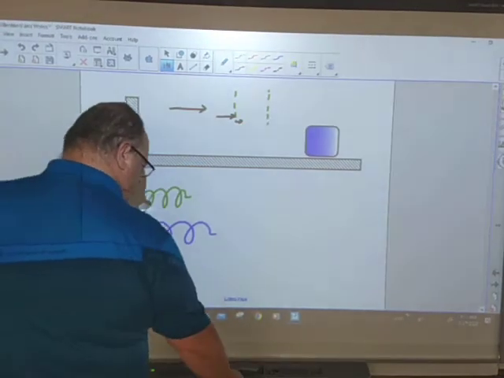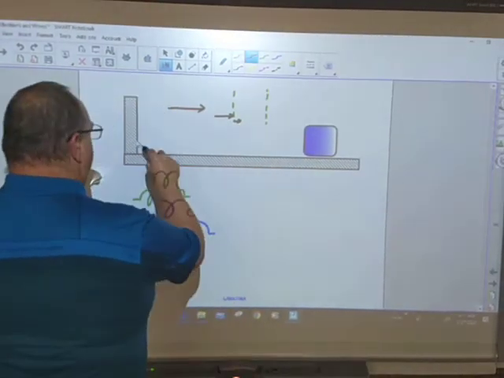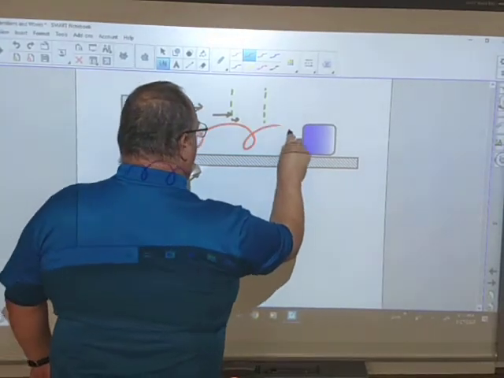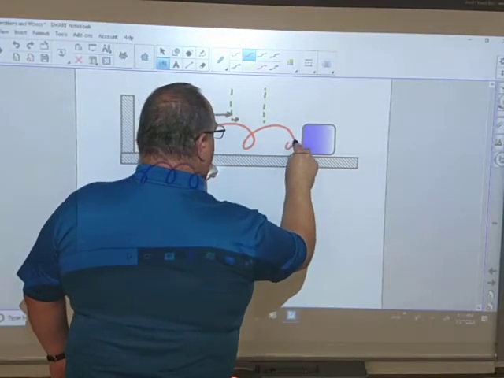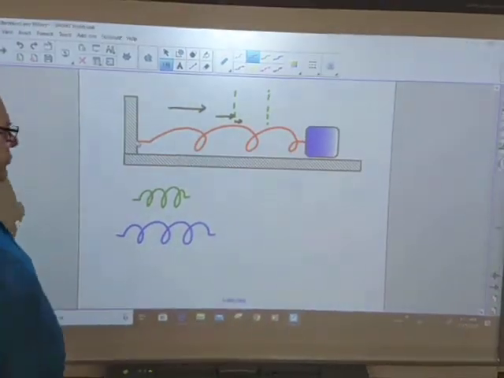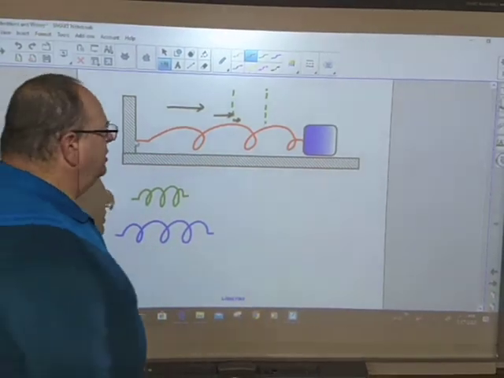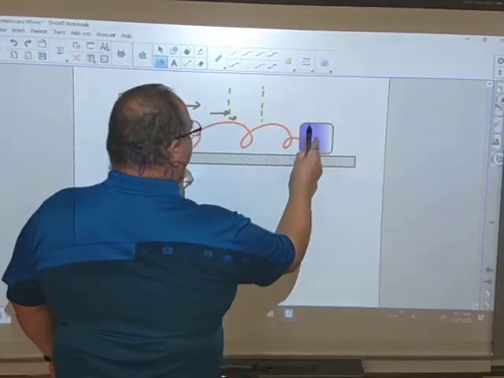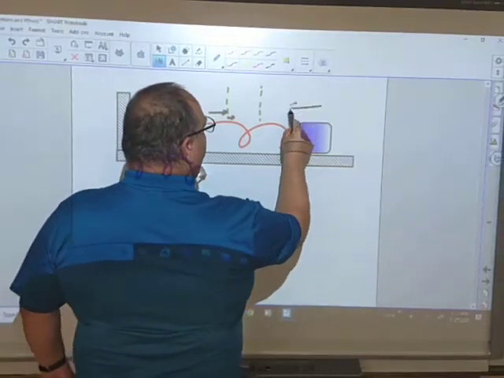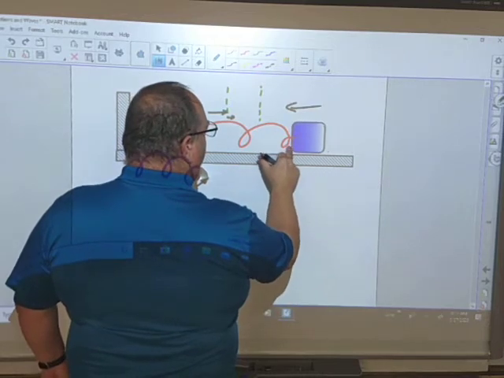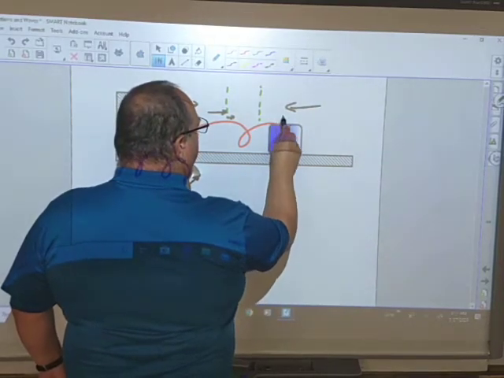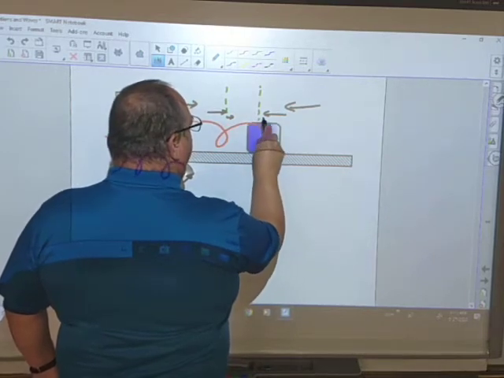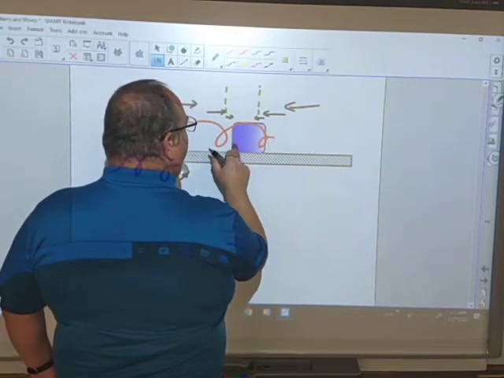Okay, so let me try to draw. Well, now the force is back this way. And if it were in here, the force would be a little less. And if it were in here, the force would be a little less.